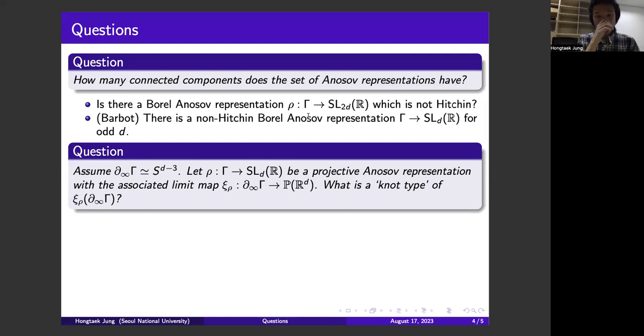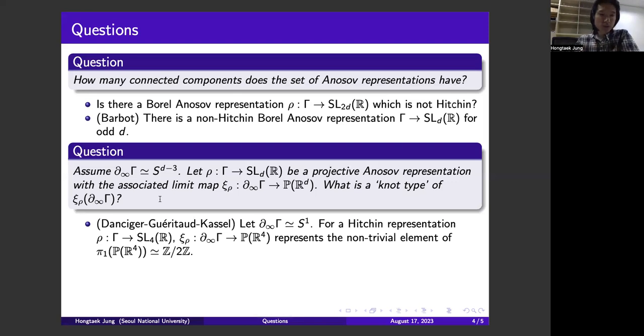So the next question is the following. Let's assume that our domain group gamma has a spherical boundary, say of dimension d-3, and let rho be a projective Anosov representation in dimension d. Let xi of rho be the associated limit map into projective space. I want to ask, what is the knot type of the image of the limit map?